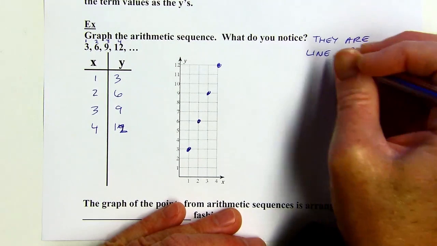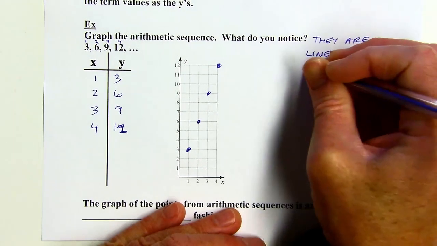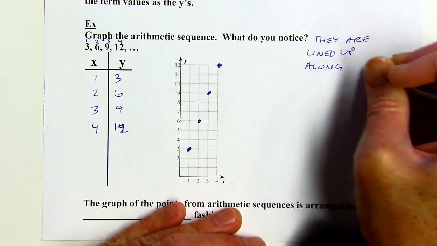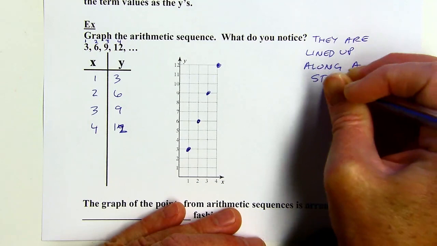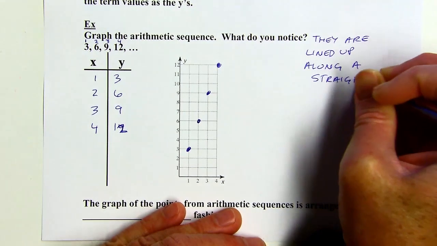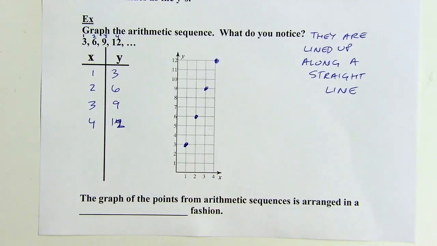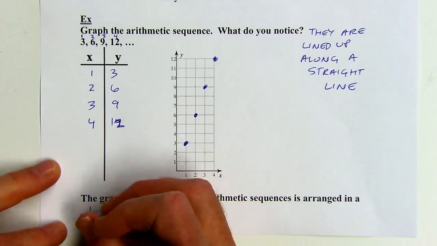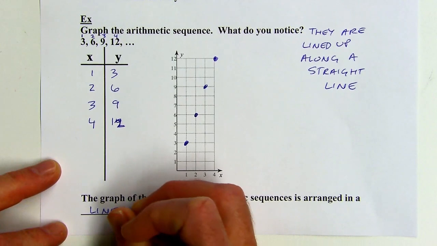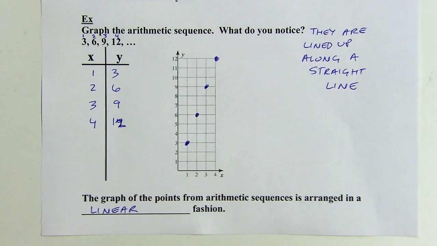So I'll say they are lined up along a straight line. Okay, and that is always going to happen with an arithmetic sequence. The graph of the points from an arithmetic sequence is arranged in a linear fashion, meaning in a straight line. Okay, that always happens.